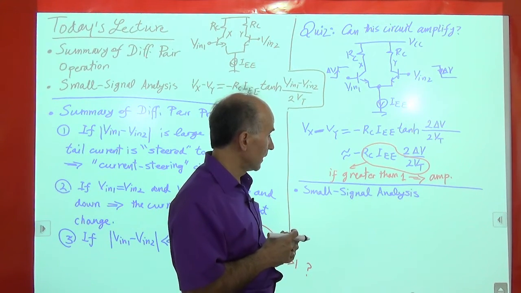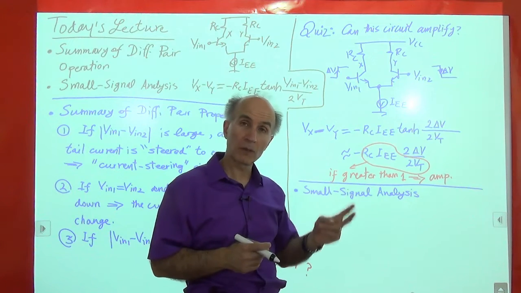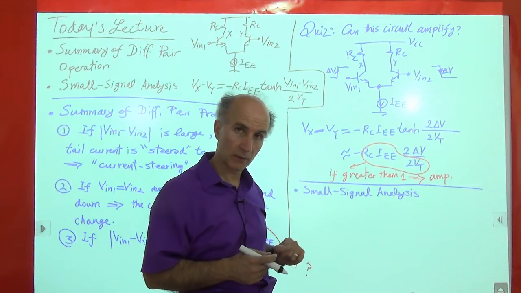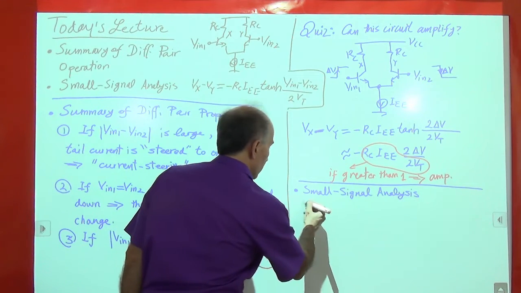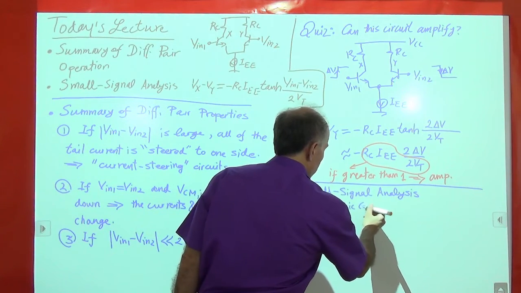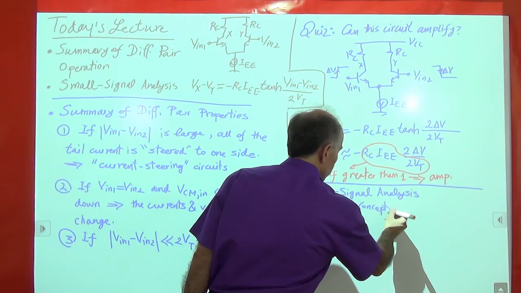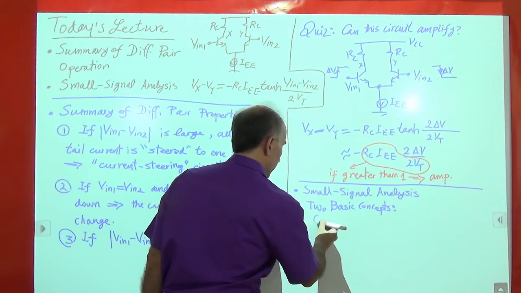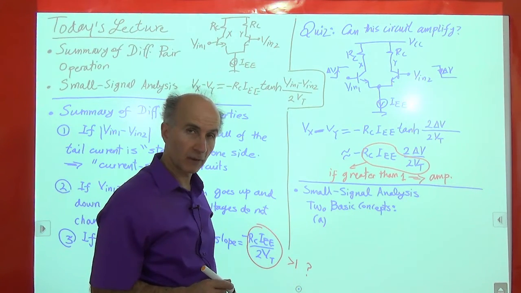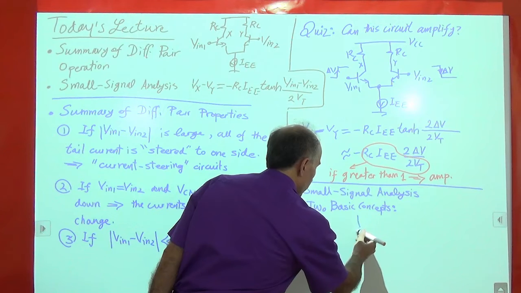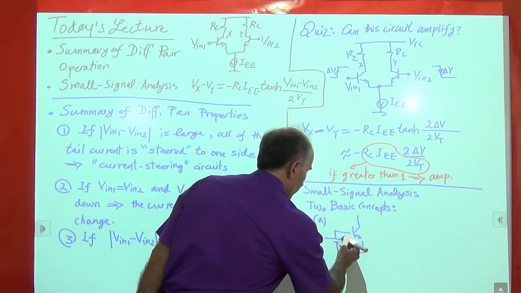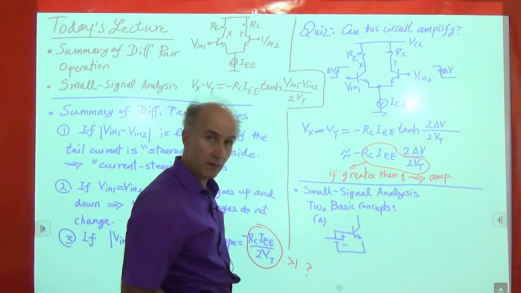Okay, all right. So I do need to go back to Electronics 1 and refresh your memory about two basic concepts before we jump into this analysis. All right, so A. Remember the concept of transconductance for a single transistor. So here's a bipolar transistor, and the idea is that I have some sort of battery connected to the transistor. The transistor is biased.